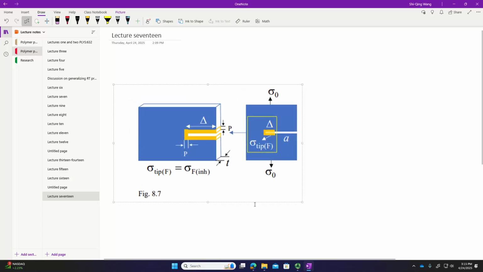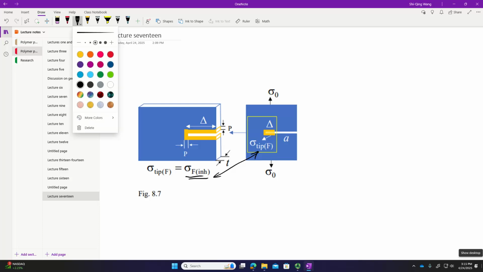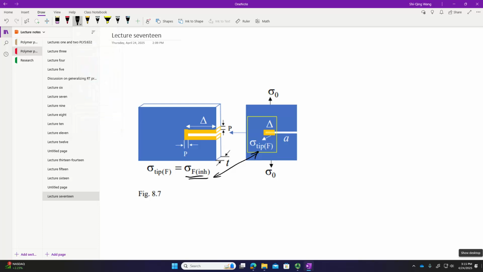It's so convenient. Imagine that's the little crack that will grow, that will move, and it moves when the tip stress reaches the inherent strength. And then you can calculate how much energy will be released. The energy will be simply whatever energy you stored in the sample during the moment of fracture.